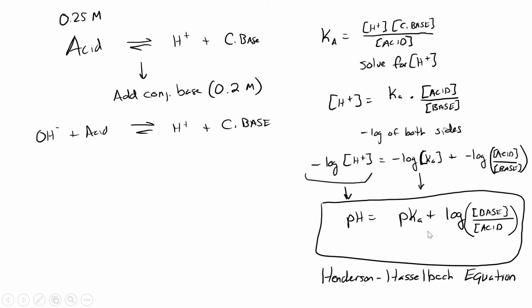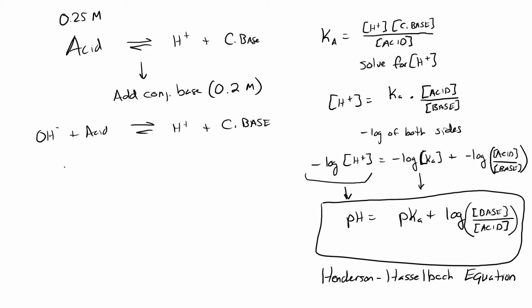It's just that, remember, when we have weak acids, the concentration of the acid is so much larger than the concentration of the base that this term becomes not that important. When we have equal or similar concentrations of base and acid, this term changes how it affects the overall calculation for the pH.